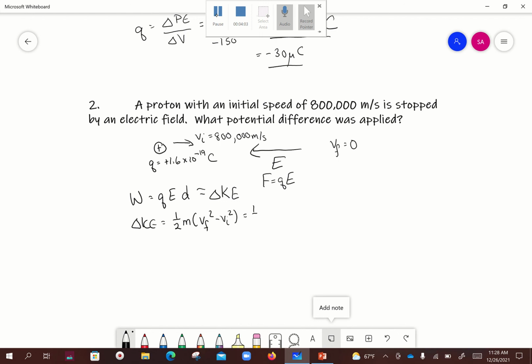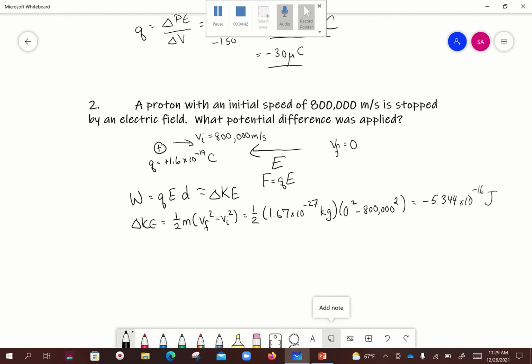So if I plug in my numbers, the mass of a proton, I can look that up in the back of the textbook or just ask Mr. Google, 1.67 times 10 to the minus 27 kilograms. I've got 0 for V final, 800,000 for V initial, and if I do that I get negative 5.344 times 10 to the minus 16 joules. Okay, so it's quite a small energy change, but it's also quite a small charge.